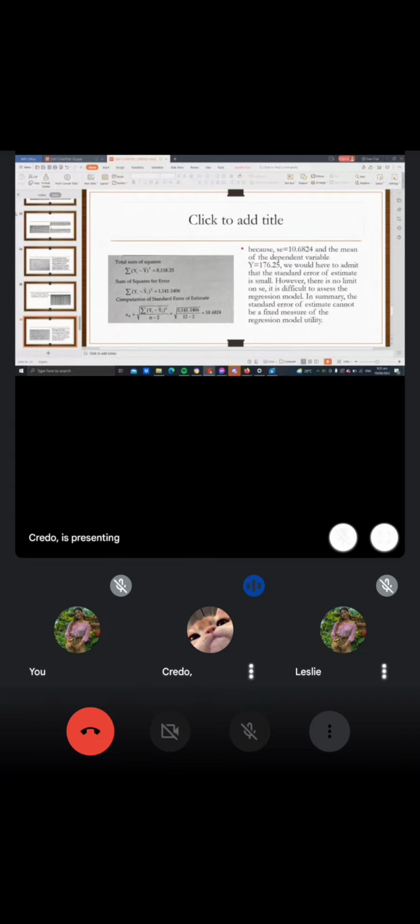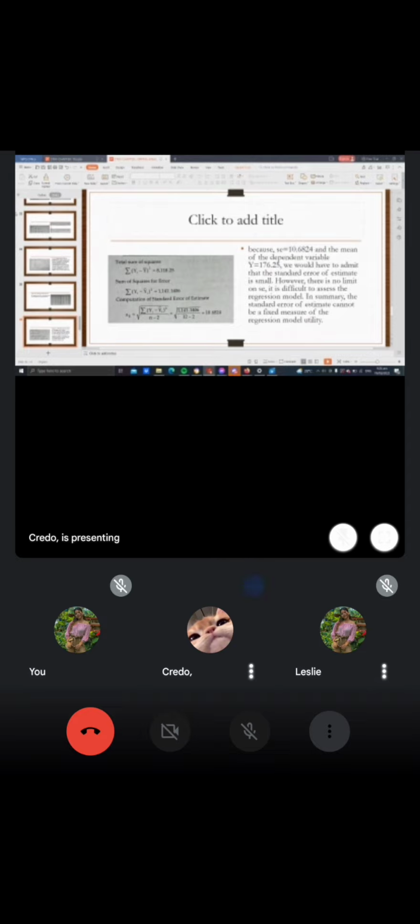So next is to find the total sum of squares, where the summation of y sub i minus y bar squared is equal to 8118.25, as in the table before. And the sum of squares for error is equal to 1141.1406.